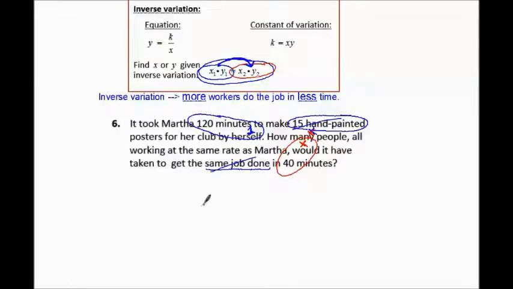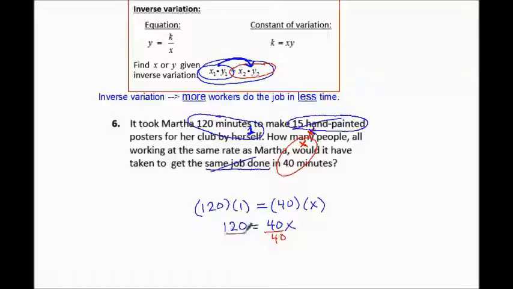So let's write down 120 minutes by herself. That's one situation. 40 minutes times, we don't know how many people. So 120 times 1, that's just 120. Here we have 40x. And we just solve this the same way we solve all other equations.